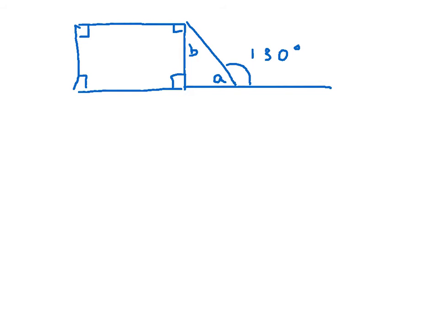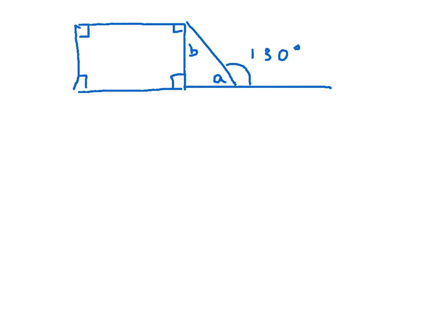We can see that there's a 130-degree angle over here to the side that's labeled. We're going to see that this is a 90-degree angle because this is labeled 90 and this one is supplementary. It fills it in, it supplements it.